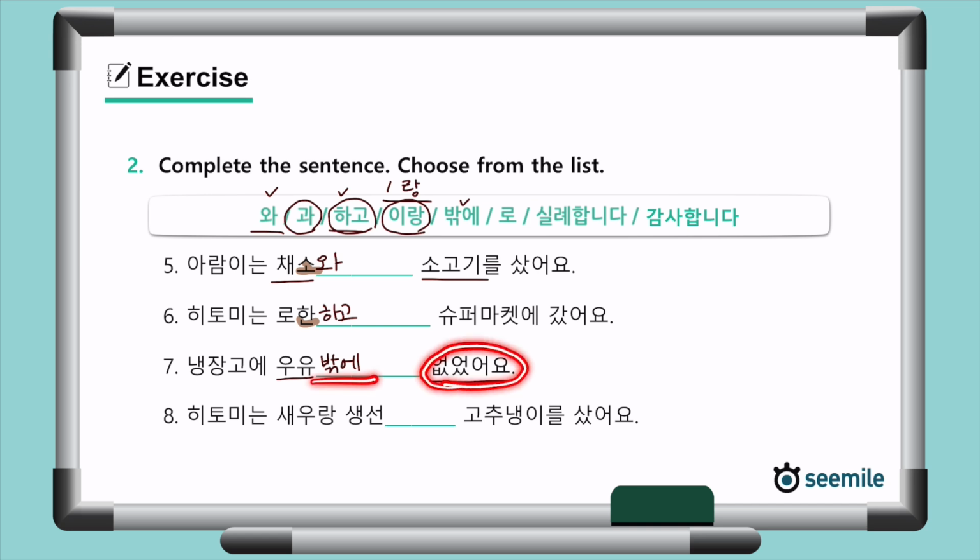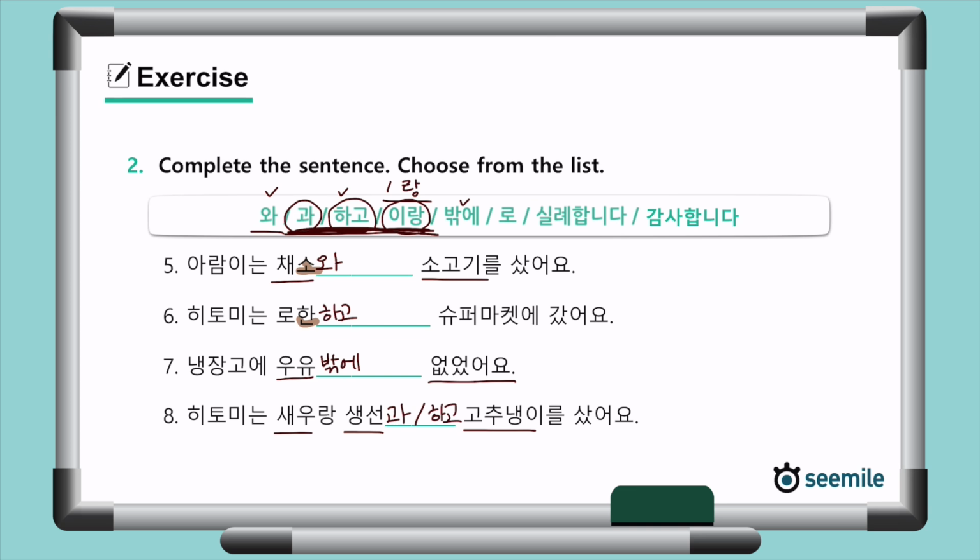Number 8. 히토미는 새우랑 생선, 고추냉이를 샀어요. Here, the speaker is listing what Hitomi bought, so a particle like 이랑, 과, 하고 should be used. Even if you were to use all three of those particles and say 히토미는 새우랑 생선과 고추냉이를 샀어요, or 히토미는 새우랑 생선하고 고추냉이를 샀어요, no one would misunderstand.